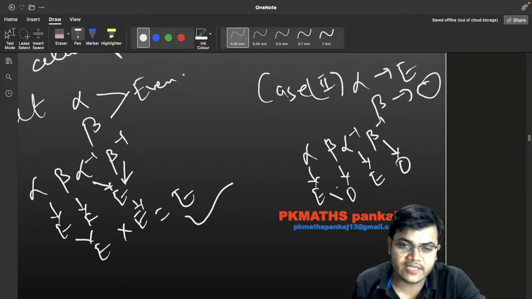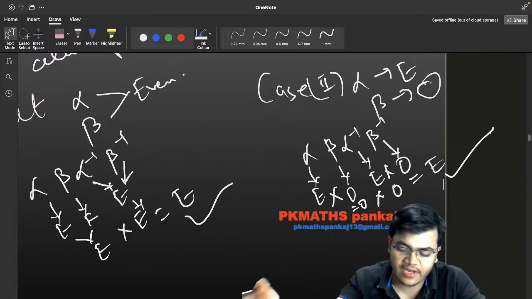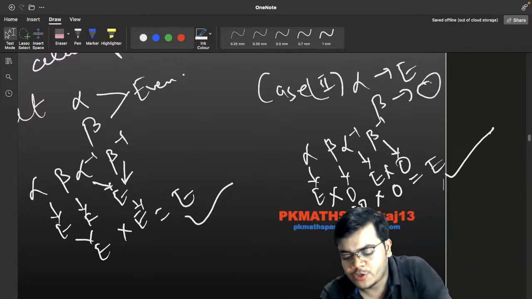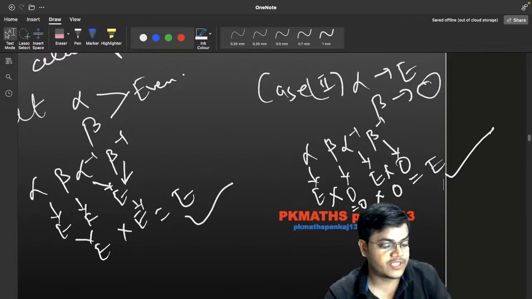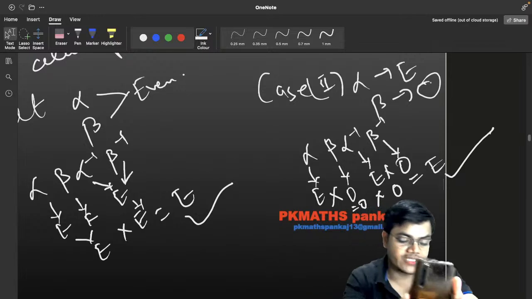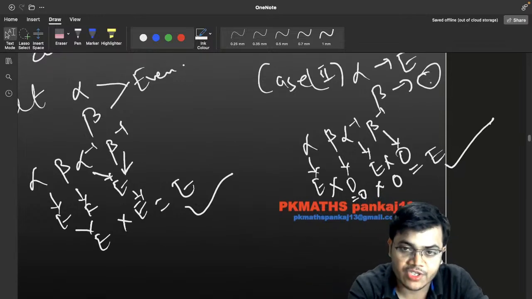So finally you can see even into odd is odd, and even into odd is odd, but odd into odd is even. So in this case, and similarly for the rest of the cases, certainly alpha beta alpha inverse beta inverse will always be an even permutation.